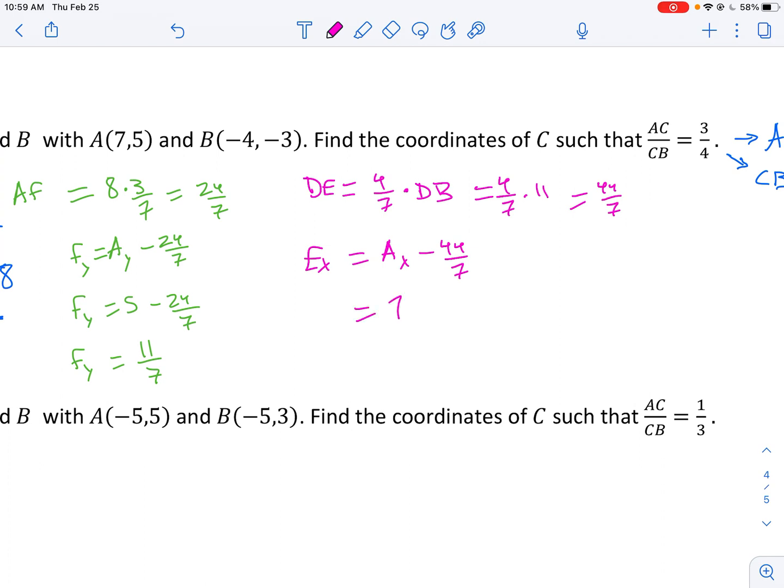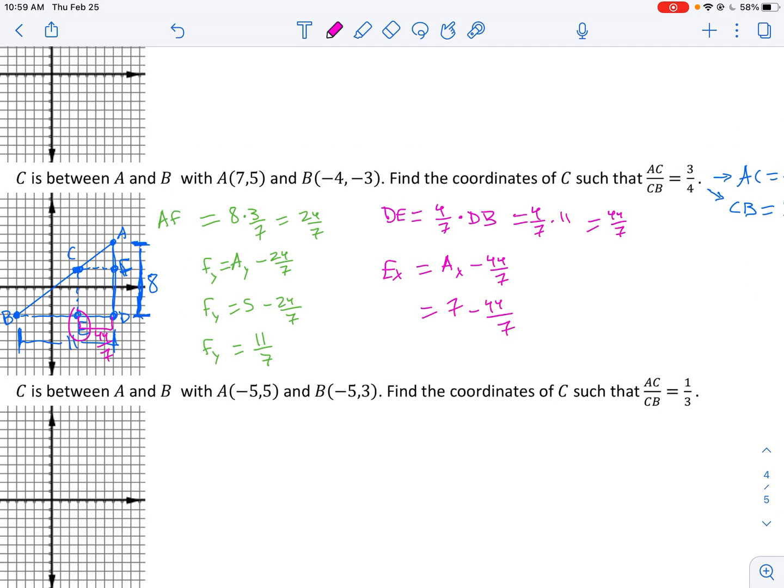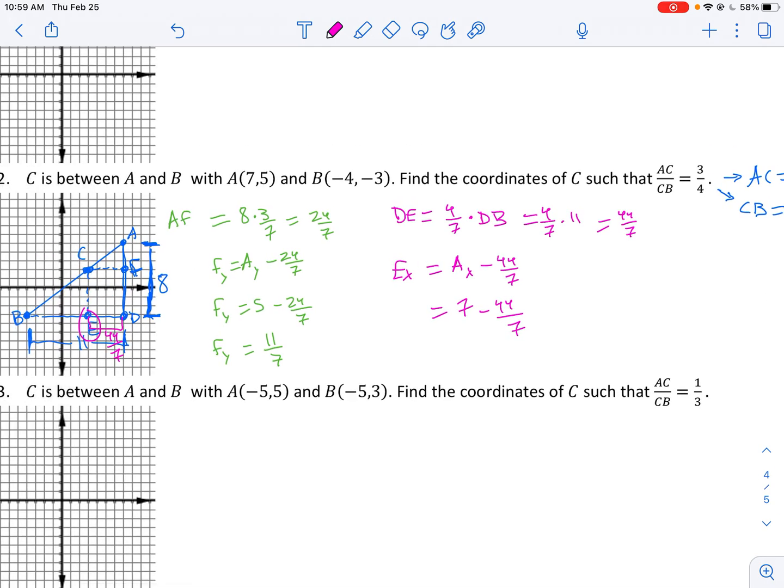This is going to equal 7 minus 44/7. And so my x-coordinate of E, 7 minus 44/7, is going to equal 5/7. At least I think that I did that right.